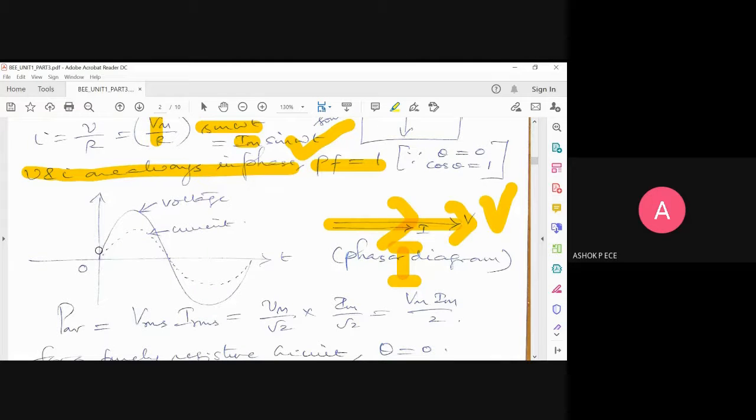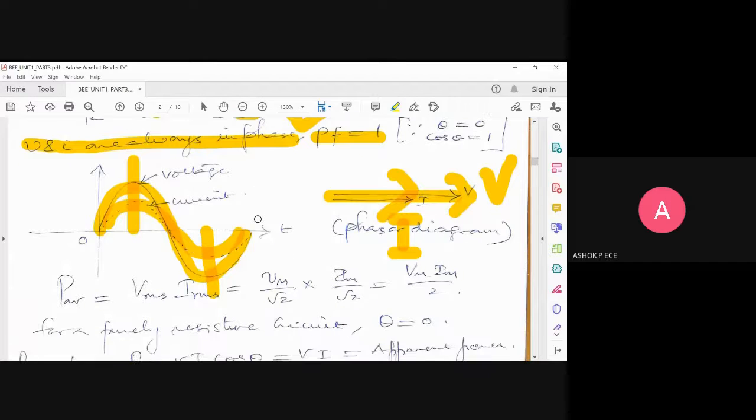If you draw the waveform, voltage is a proper sine waveform. Current is also a proper sine waveform, and both are in phase. In phase means they will have zero at the same point, maximum at the same point, and minimum at the same point. Everything will happen at the same point. That is the case of in-phase quantities.